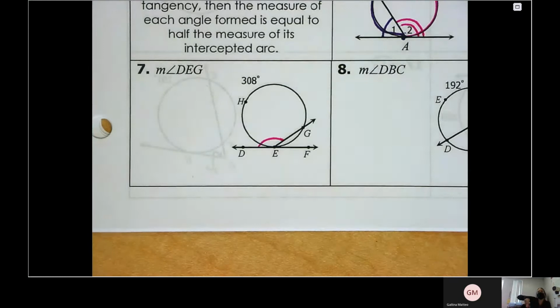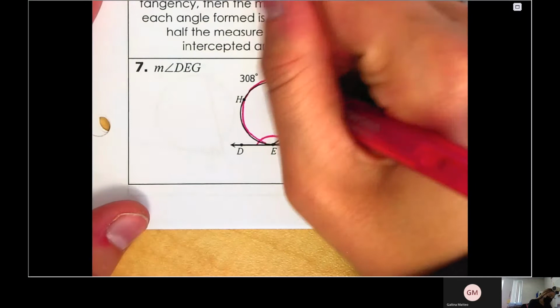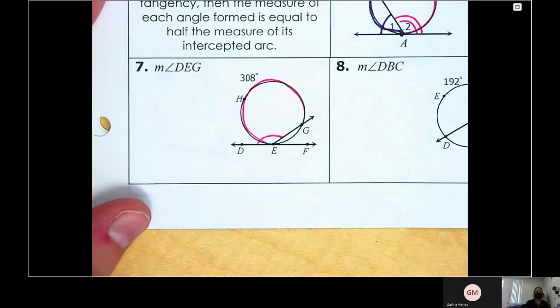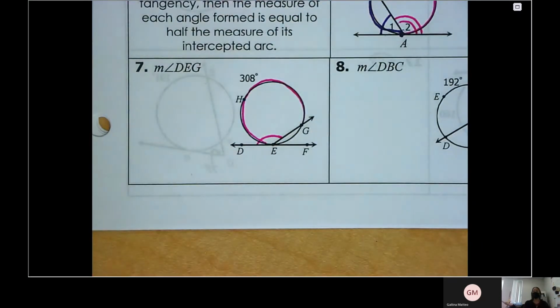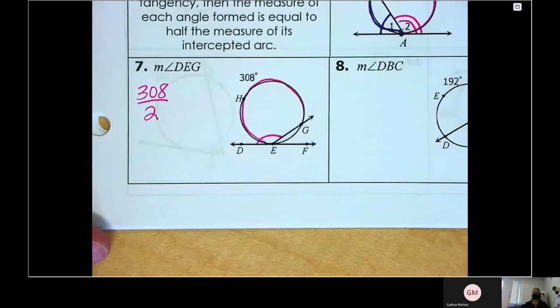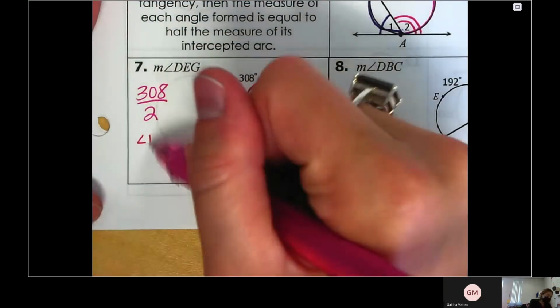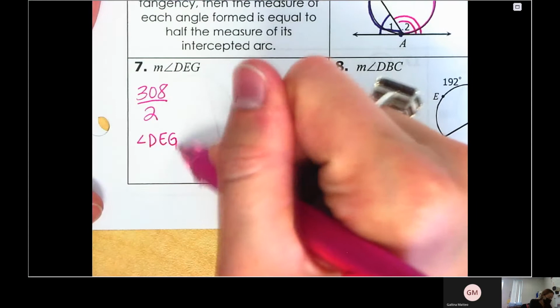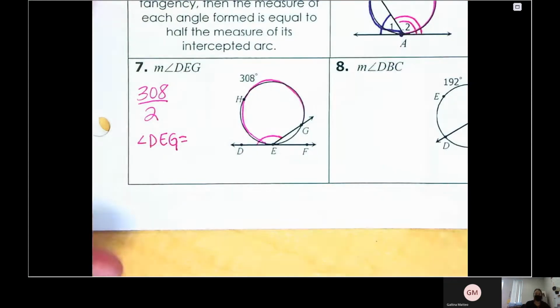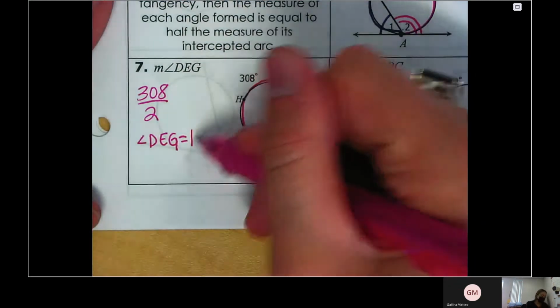Well, H is just a point. I need the whole name. EHG is this whole arc. And what's the measure of the whole arc? 308. So I'm just going to take 308 and divide it by 2. So angle DEG is what? 154. 154 what?